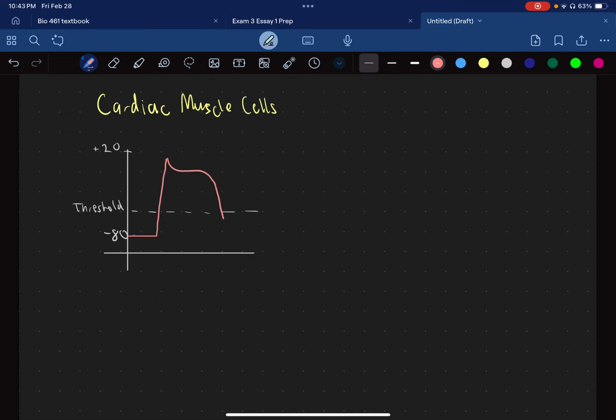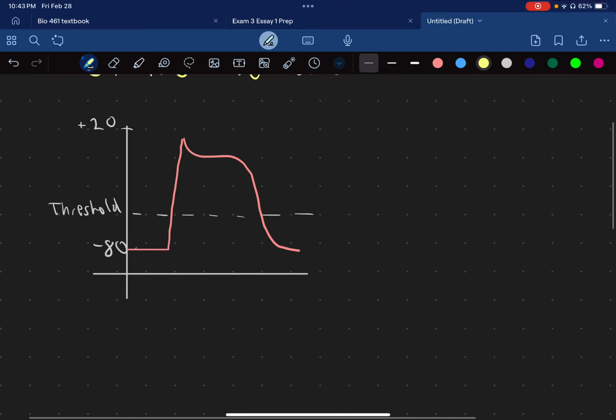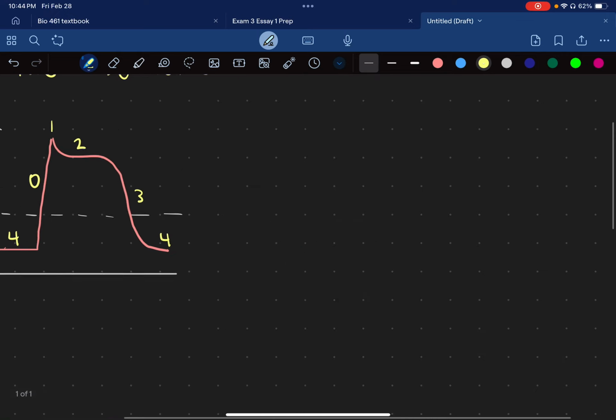The reason for the low resting membrane potential is because of high membrane permeability to potassium. So I'm just going to write out, there's four different phases here: phase 4, phase 0, phase 1, 2, 3, and then back down to 4.